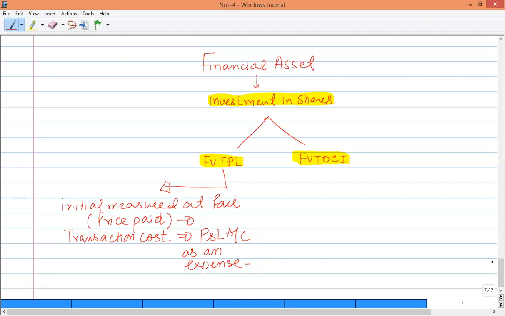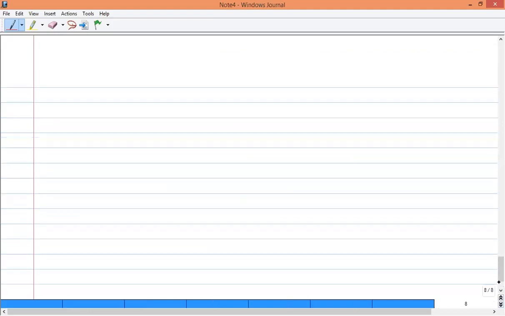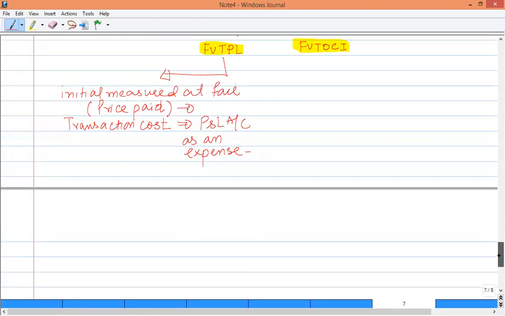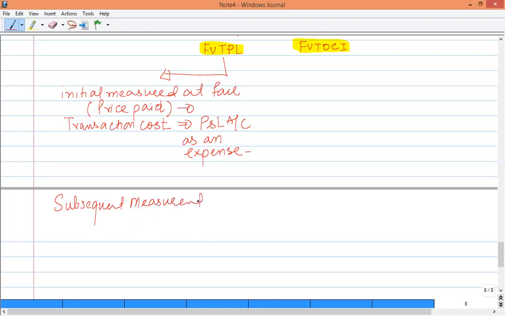Subsequently, for fair value through profit and loss, the subsequent measurement is that at the reporting date, the same financial asset is measured again at fair value, and that fair value is the market value at the reporting date.